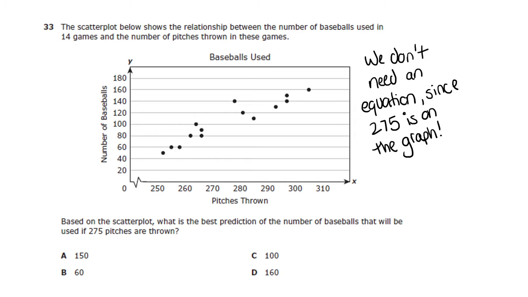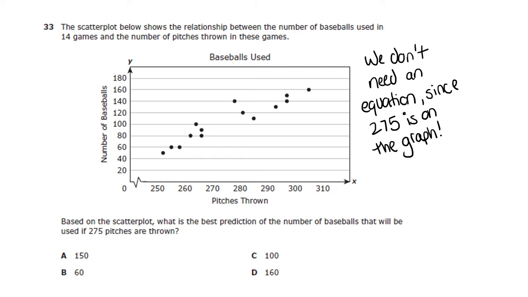We can't see the number on our graph. Like, for instance, this graph goes to 310 pitches thrown. Well, if we were asked to make a prediction for 350, which isn't on the graph, or 400, which isn't on the graph, we would definitely want an equation. But 275, that falls in between and is on the graph. So we don't really need an equation.